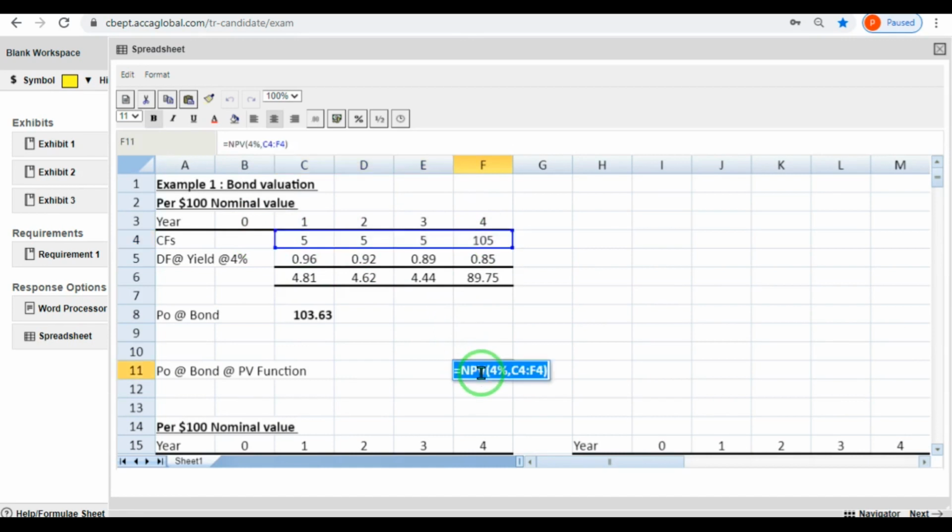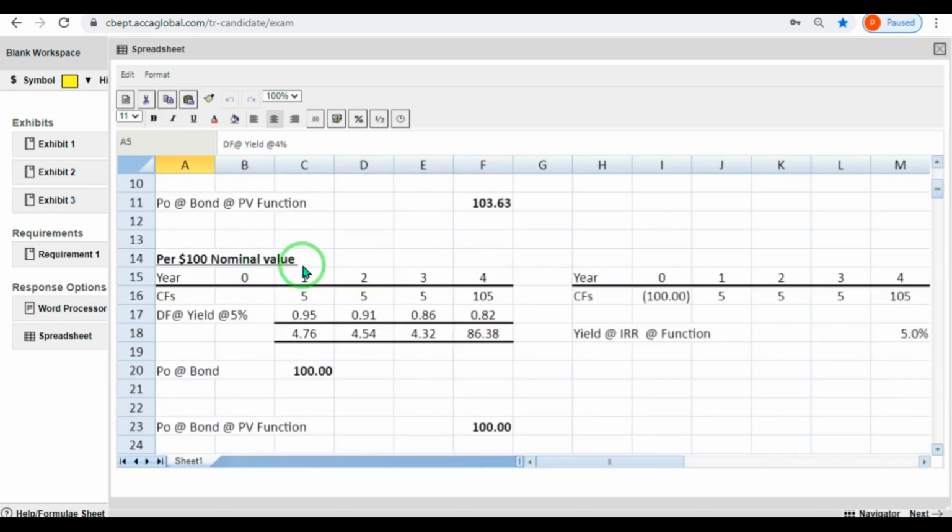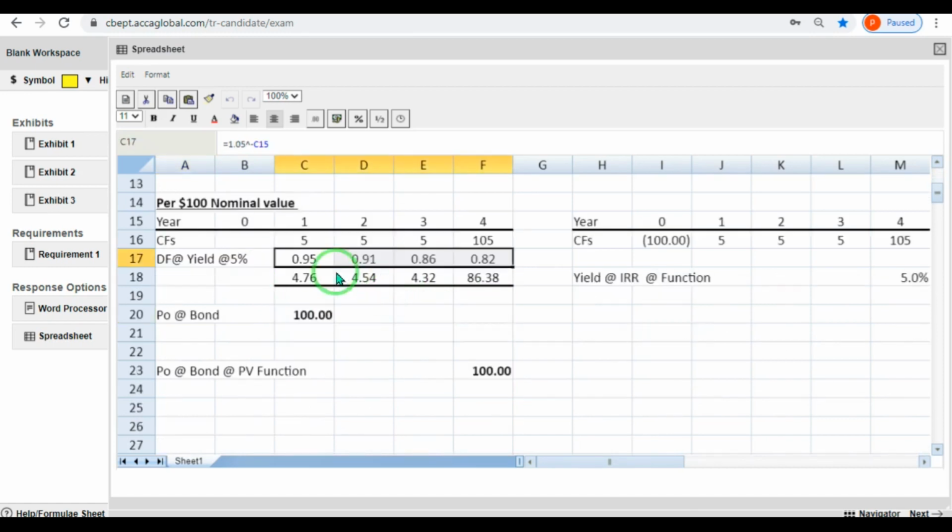The fastest way is doing this way, but you should also know this way because sometimes the yield is not constant annually. This is the one yield to maturity, but if it's not the same, then you need to do it this way. But just for practice, you can do both ways.